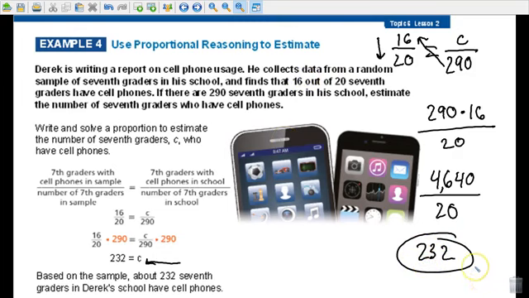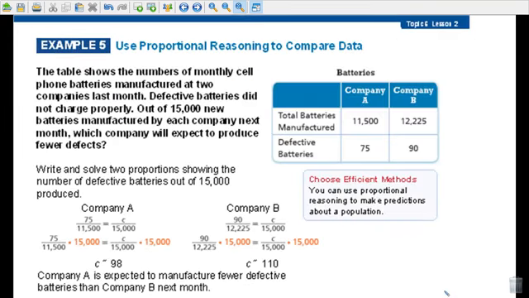This is just how many people we think we will get. And then when we actually put out a vote or a survey to all 290 students, then we will get the actual results. Okay? This is just a guesstimate. That is all. Let's move on to example 5.